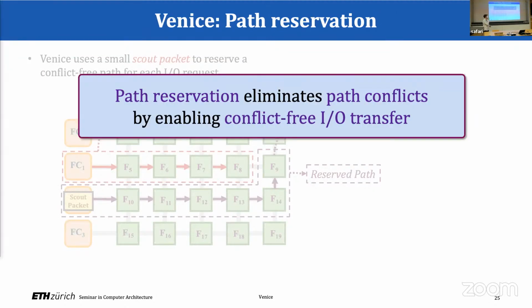So path reservation succeeds in eliminating path conflicts by enabling conflict-free I/O transfer. Basically, before every I/O request even starts, there's a path reserved which guarantees conflict-free access.